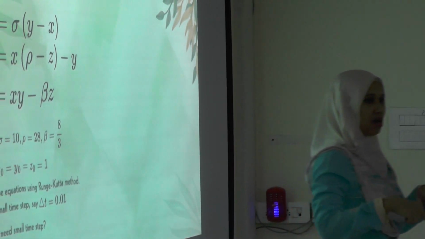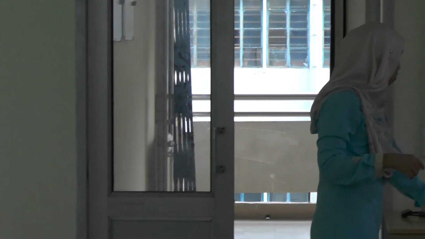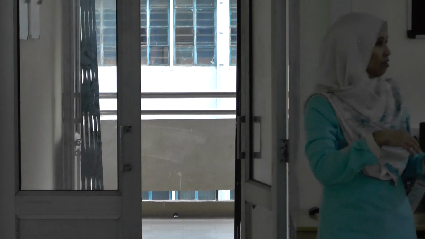Okay, so try writing sigma equal to 10 in your MATLAB. Sigma equal to 10, and then semicolon, and then the next one is rho. You can spell sigma, rho.